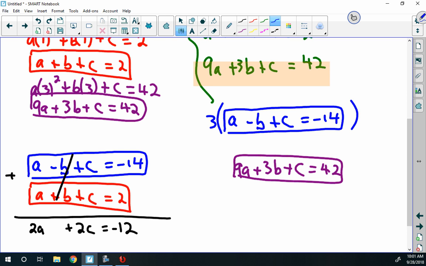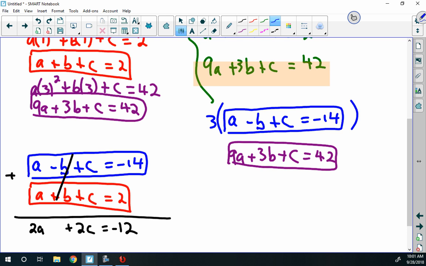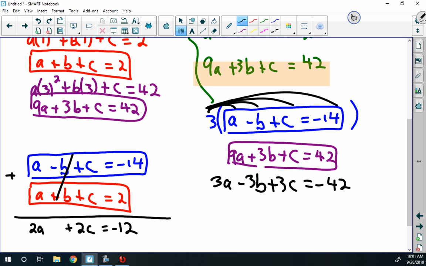So when I triple that first one, I've got to distribute all the way through, right? It's going to give me 3a minus 3b plus 3c equals negative 42. Then I'm going to get 9a plus 3b plus c equals 42, and I'm adding these two.